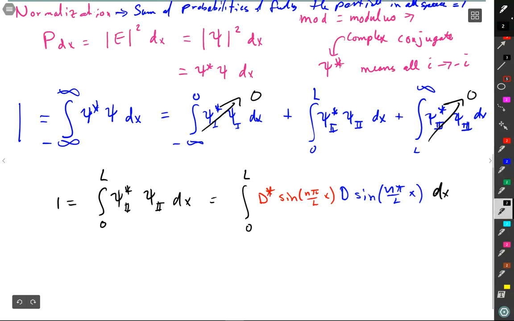So there's my normalization integral. D star D, I can simplify by calling it D mod squared. It's a constant. So now I need to do this integral. Who knows what this integral is?